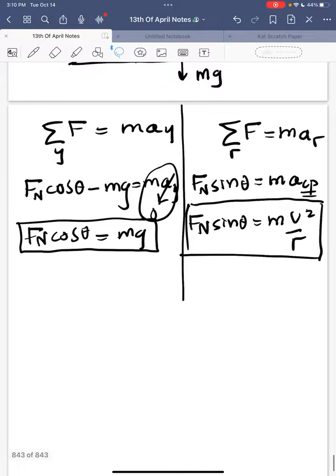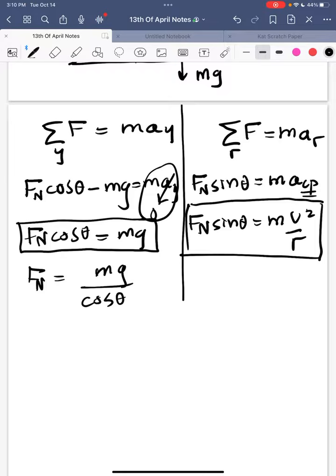So I've got these two equations, and I want to somehow move them together in some way to get something that will give me the angle. So let's look at this equation. If I divide both sides by cosine theta, then I get this, mg over cosine theta. That equals the normal force. So now I can take this and I can insert it here in the other equation.